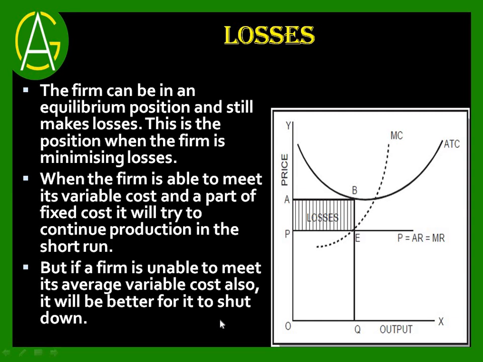Friends, we have understood three situations. First one is supernormal profit, second one is normal profit, and third one is loss. Here one question can be there. They can ask a question like this: a firm under perfect competition can make dash.